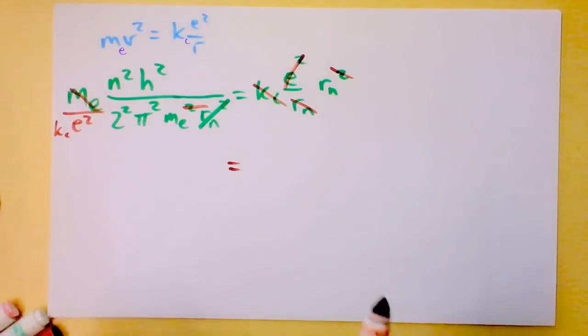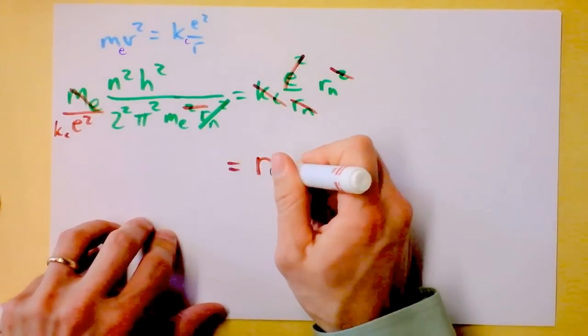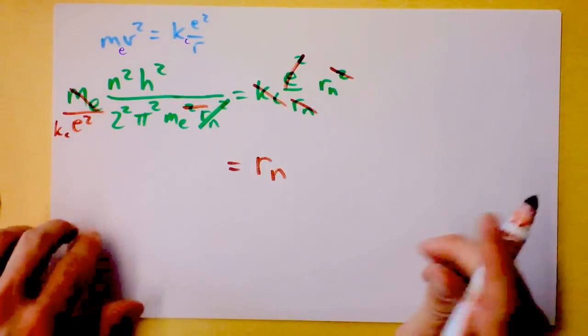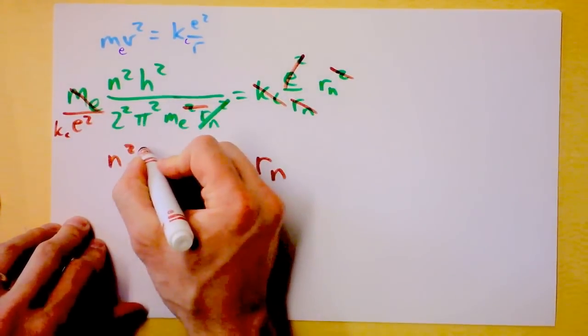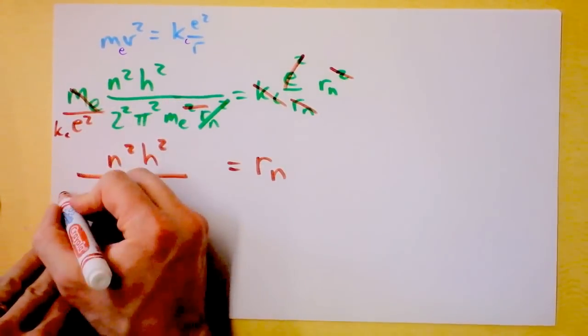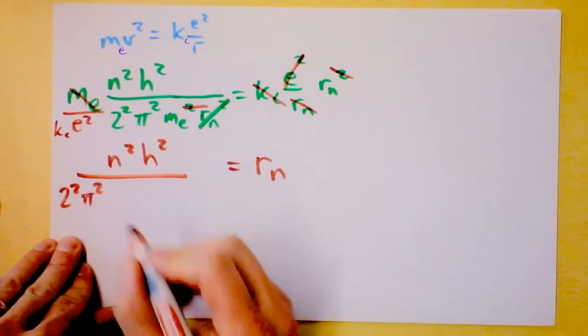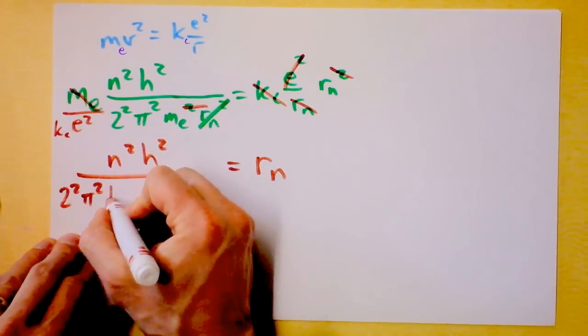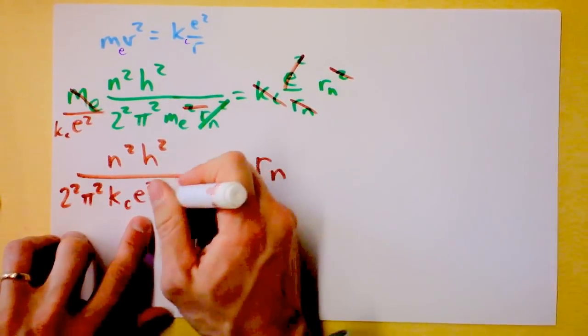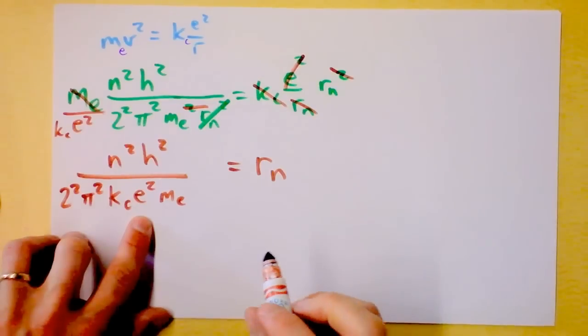So what I've just concluded is that the radius of the nth orbit stably ordained by Bohr is n squared times h squared divided by, well, I've got a 2 squared and a pi squared. And I've also got k c and the charge of an electron squared times the mass of the electron also.